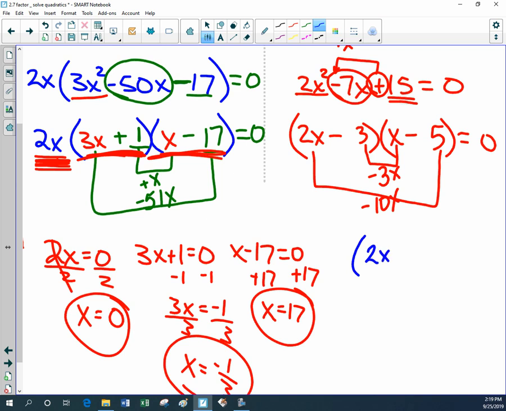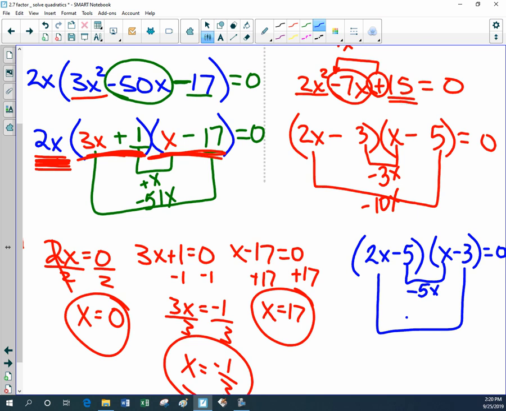So if I switch the order, if I go 2x minus 5 and x minus 3, and now test it, I get negative 5x, negative 6x. That's negative 11x. So that doesn't work. Then my next option would be to try 1 and 15.